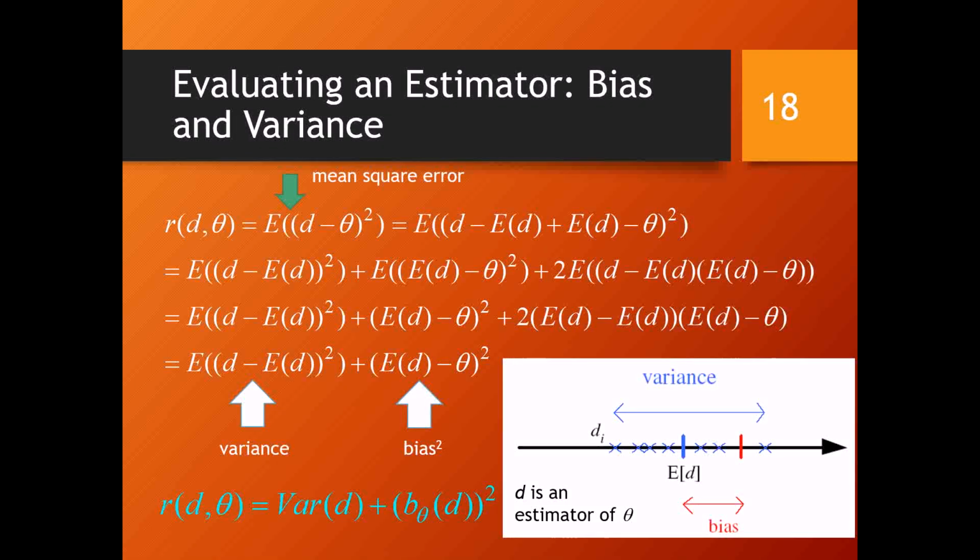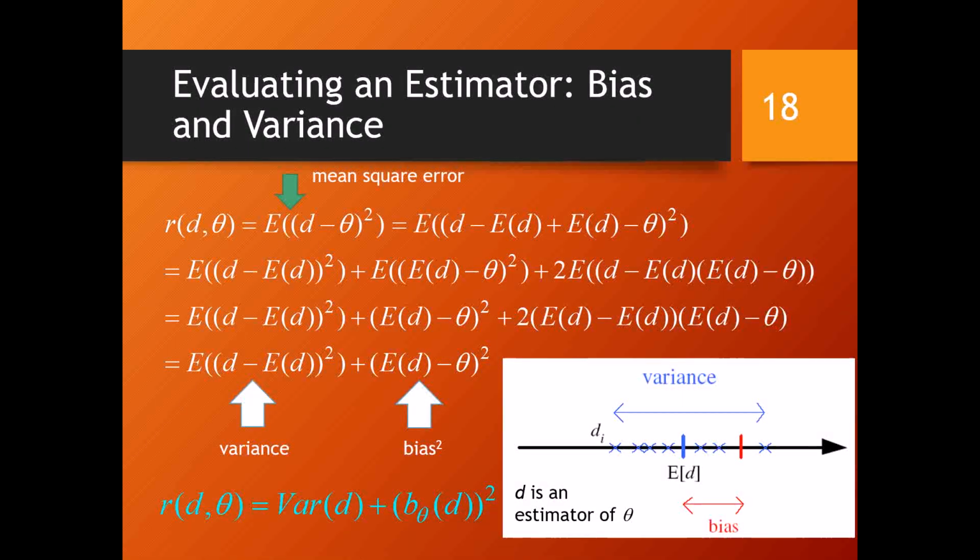Once we know bias and variance, now let's take a look at a very famous theory. Let's take the mean square error, which is this. D, don't forget, D is the estimator, right? Theta is the parameter you want to estimate.